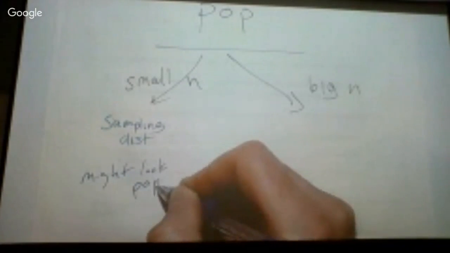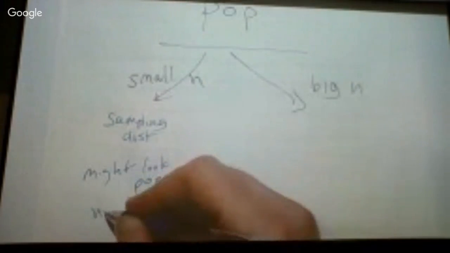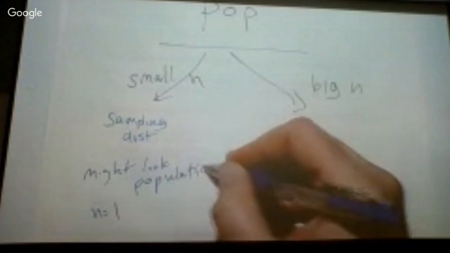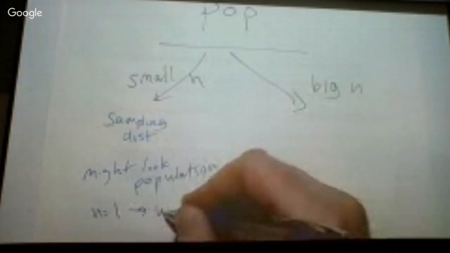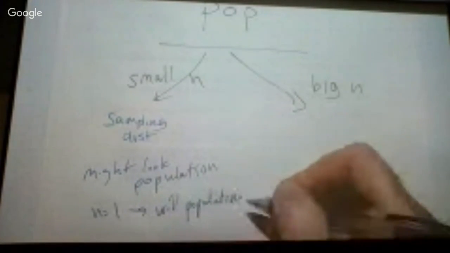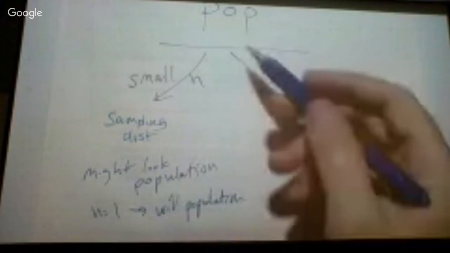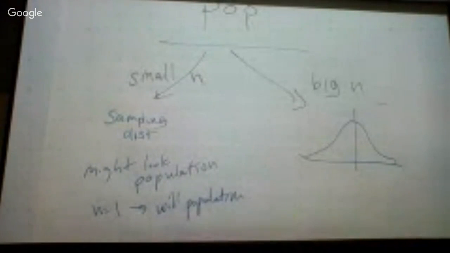It might look like the population. In fact, with a small sample size like n equals 1, it will be the population. Now with slightly larger sample sizes, it won't necessarily look exactly like the population, but we know with a large enough sample size, we're going to end up operating under the normal distribution. That's why we love the standard error, because it lets us use that table.